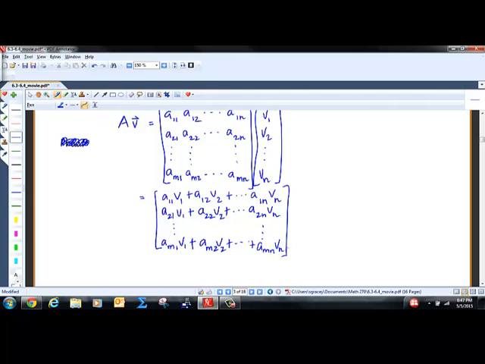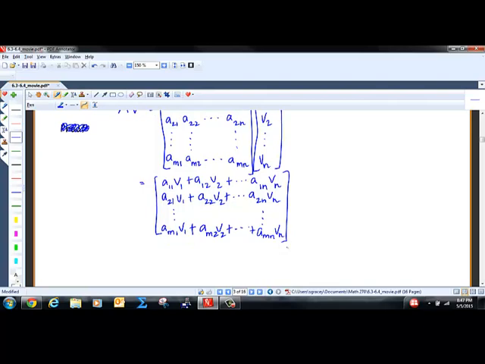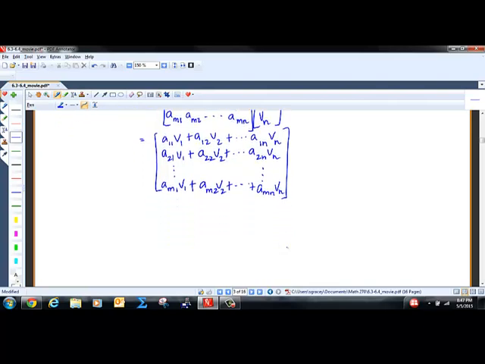Perfect. So let's think about what that is equivalent to. If we think about this guy, couldn't we write this as V1 times the column vector A11, A21 down to AM1? And then what would be next? You got it.